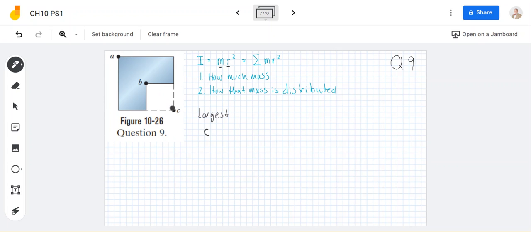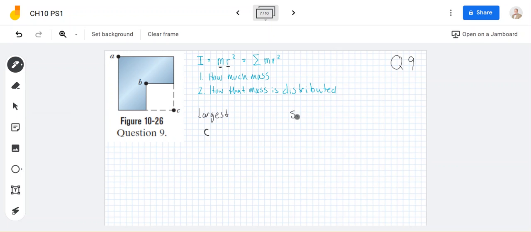But if you look at this, the mass is farthest away from C. One way to think about this is, where is the center of mass of this plate and how far away is it? After it was removed, the center of mass moved in this direction. So when I think about where the center of mass is, it's got to be up here. So it's going to be farthest from C.